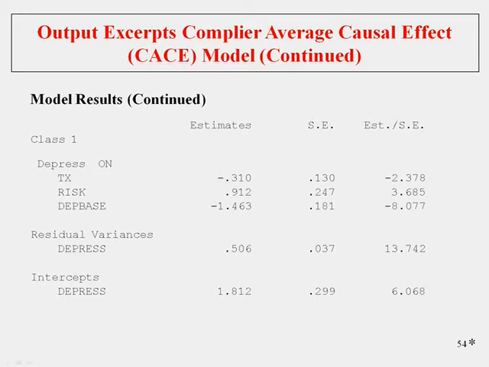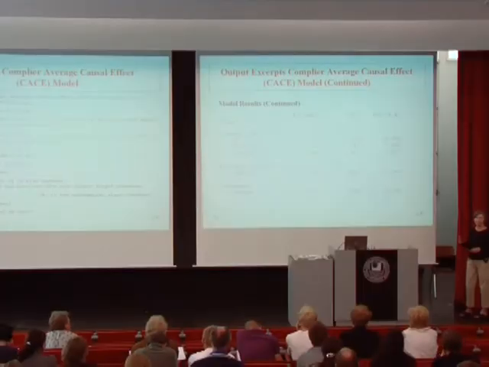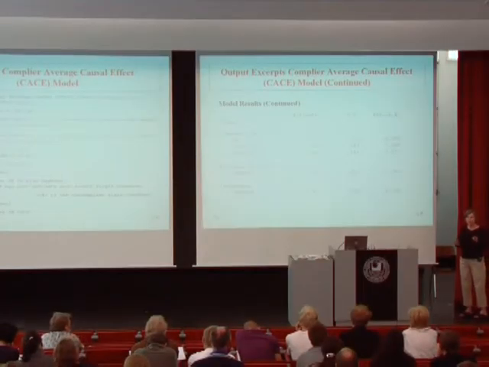We want people to be less depressed after they receive treatment. Had we not done this analysis, had we mixed the compliers and non-compliers together, I think that's the ITT, then we would not have found an effect. So here we're able to sort the data in such a way that we actually compare what we're interested in.